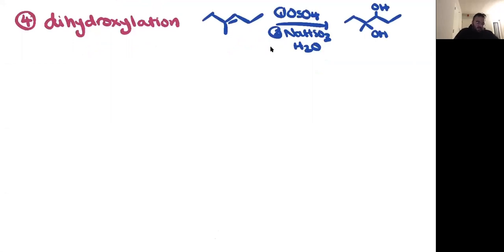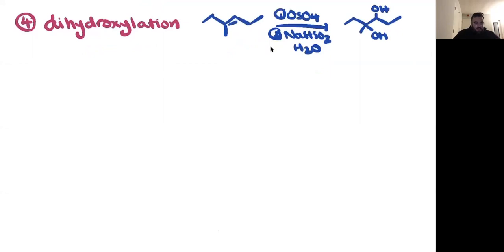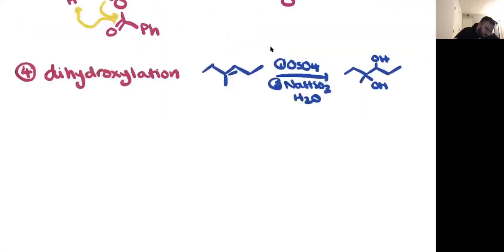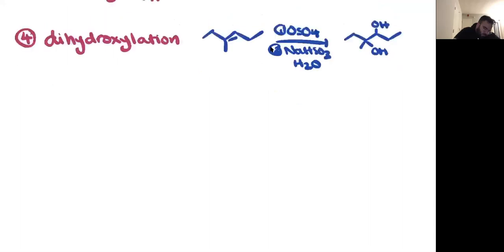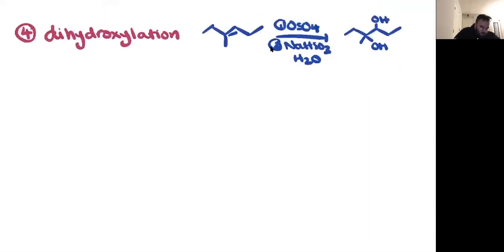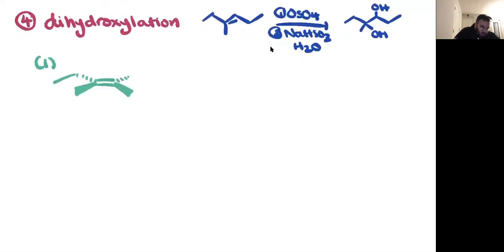So our dihydroxylation mechanism, 2 steps. First is going to be the addition of your osmium tetroxide to form your osmate ester. Okay, osmium tetroxide, it looks like this. And then what's going to happen is that we're going to take our electrons from here, attack this oxygen first.